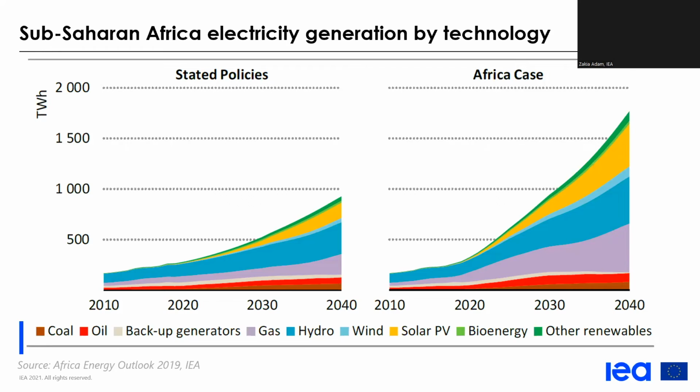And also we see a lot of solar PV, which is becoming more and more relevant in the overall mix. In the Africa case, solar PV is supposed to be ranked third, probably, as a source of electricity generation.